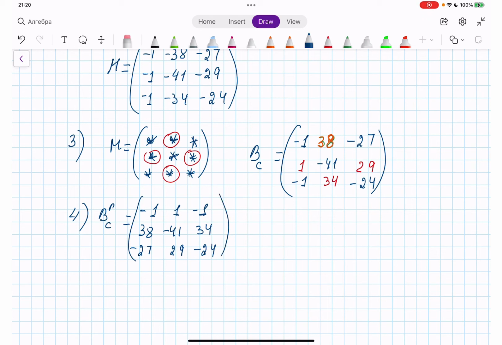This is the transposed matrix of algebraic complement of the corresponding elements of matrix B.